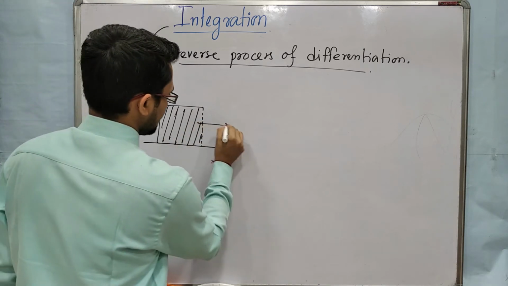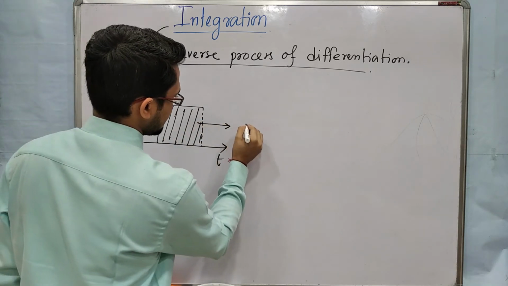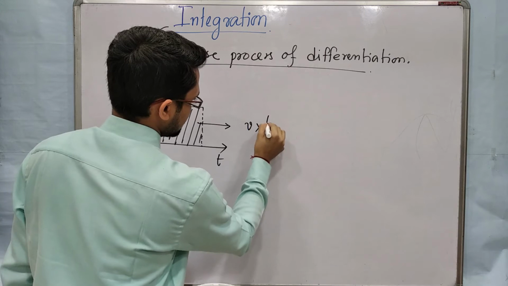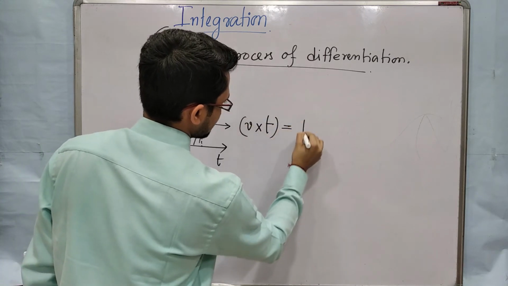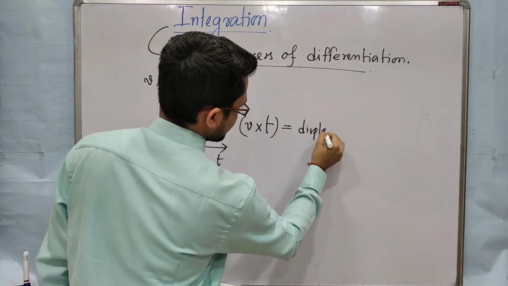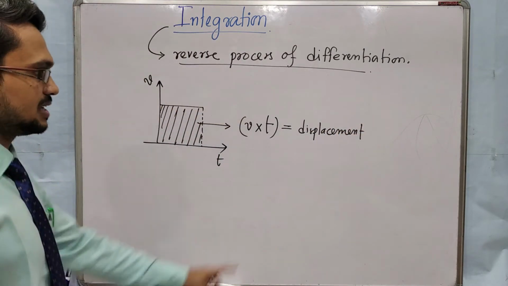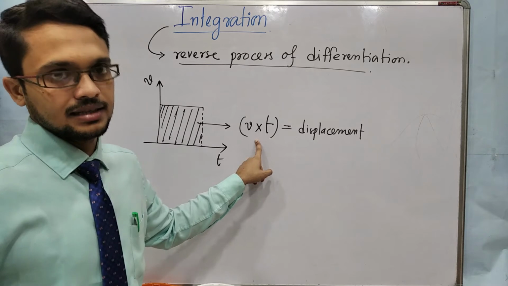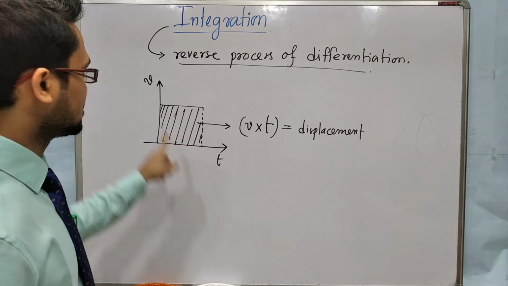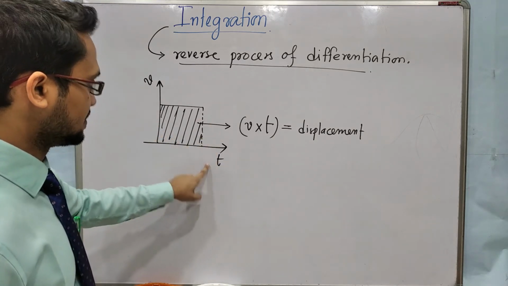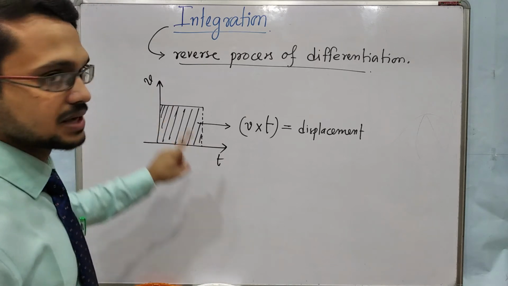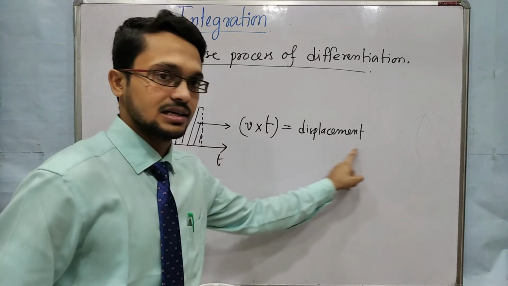This area will represent that physical quantity which is v into t. Now, v into t means what? Displacement. So whenever we want to find displacement from velocity, we have to use integration, because the area under the graph of v versus t represents displacement.